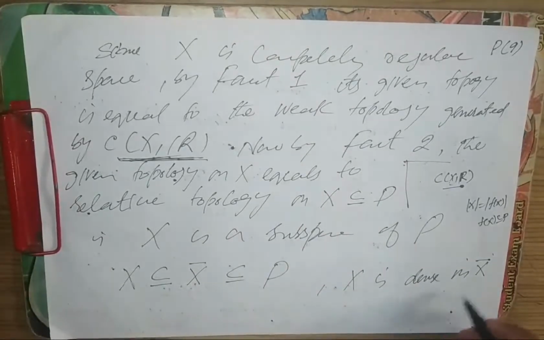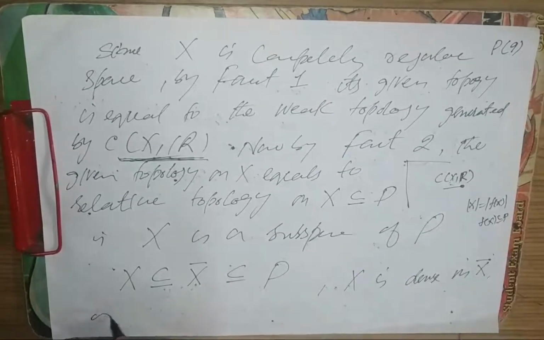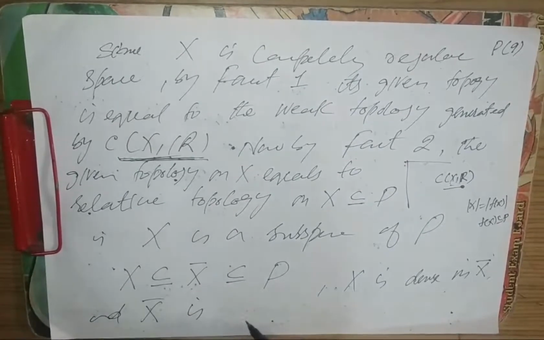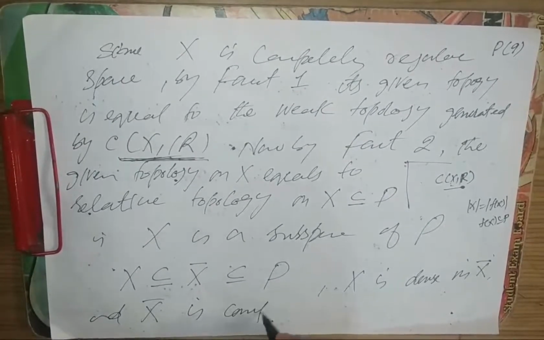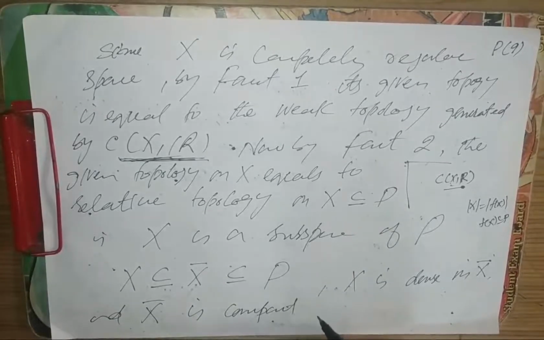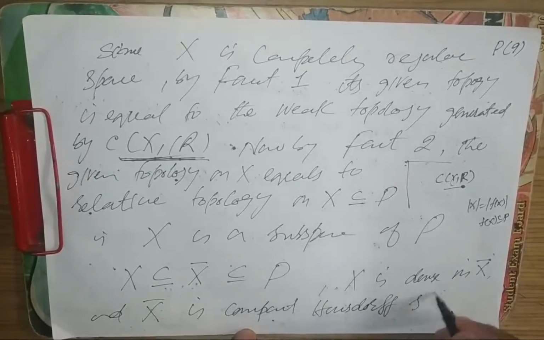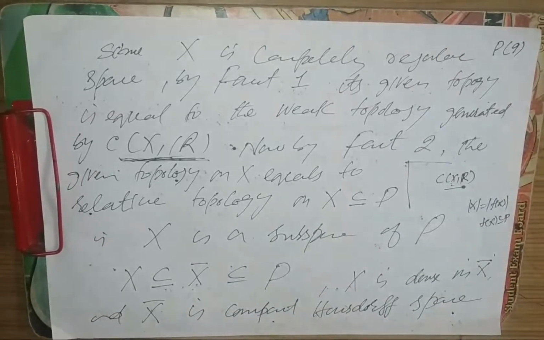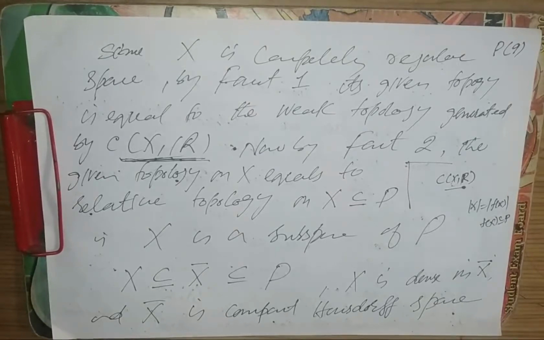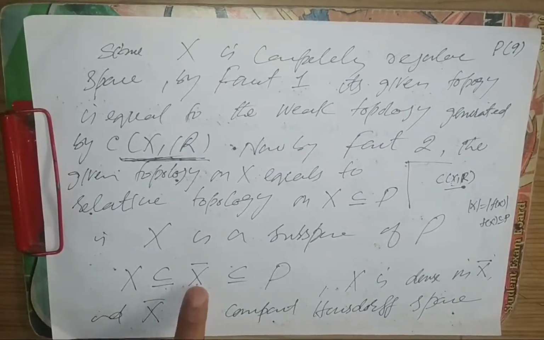Therefore X is dense in its closure, and the closure is compact Hausdorff. So that means X can be embedded in a compact Hausdorff space such that X is dense in that compact Hausdorff space.